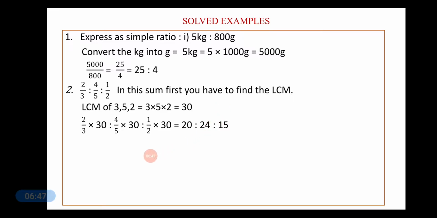Now you have to multiply each term by this LCM. That is 2 by 3 into 30 is to 4 by 5 into 30 is to 1 by 2 into 30. So ultimately you cut off 3 and 30, you get 20. You cut off 5 and 30, you get 24. And you cut off 2 and 30, you get 15. So your ratio at the end will be 20 is to 24 is to 15.